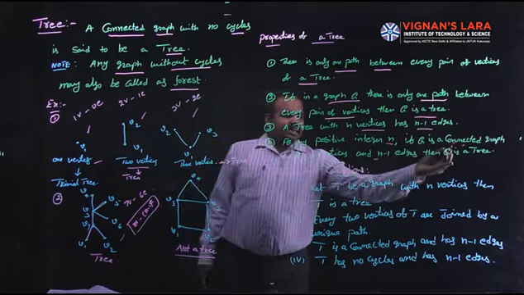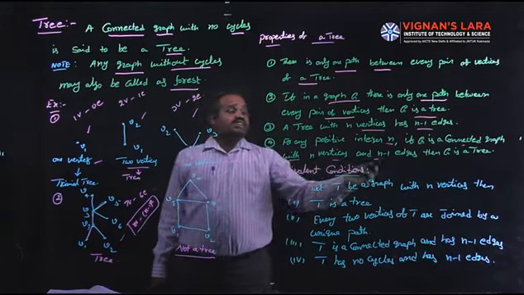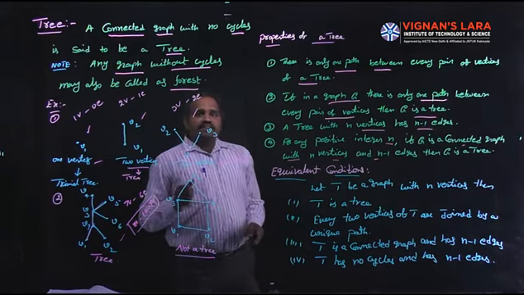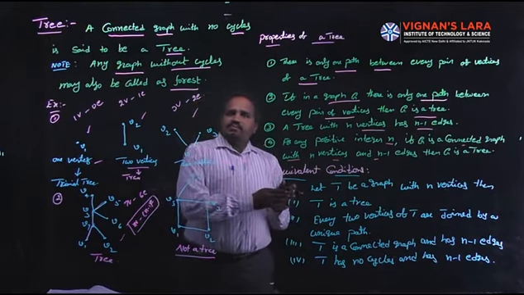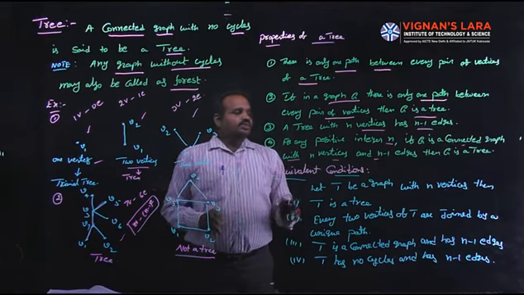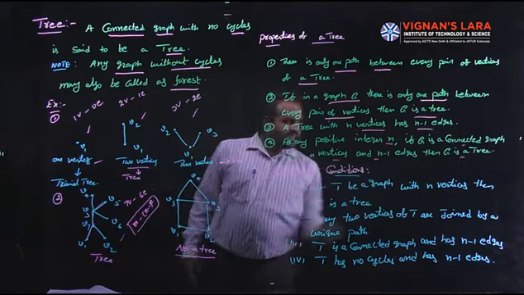Whenever a connected graph has n vertices and n minus 1 edges, definitely there is no cycle. That's why it becomes a tree.